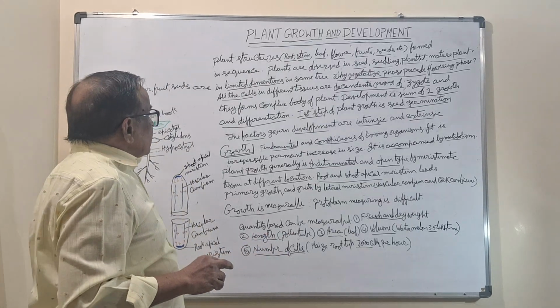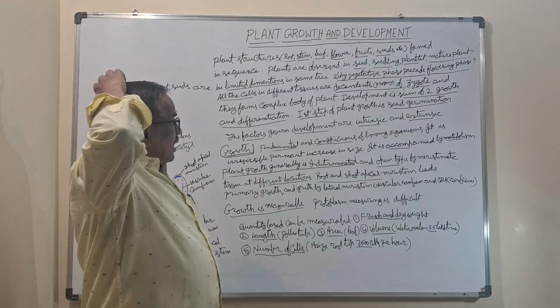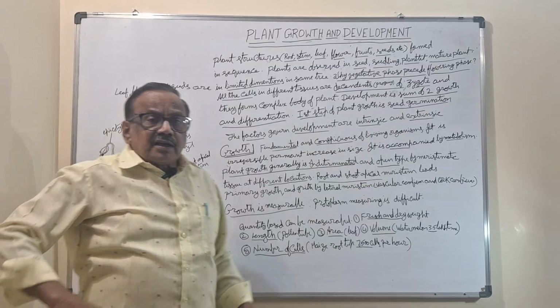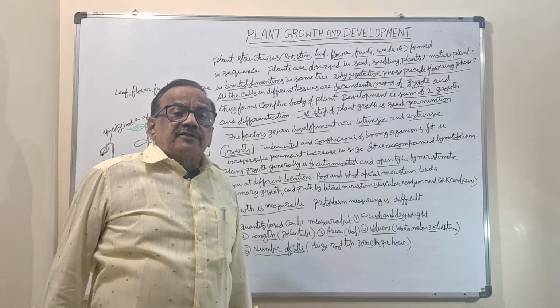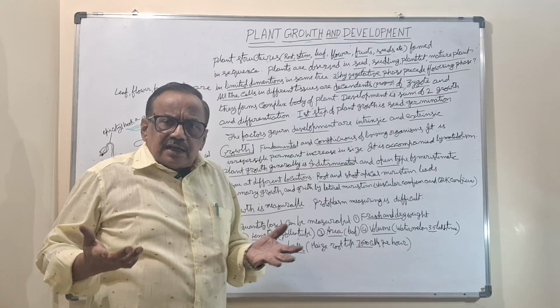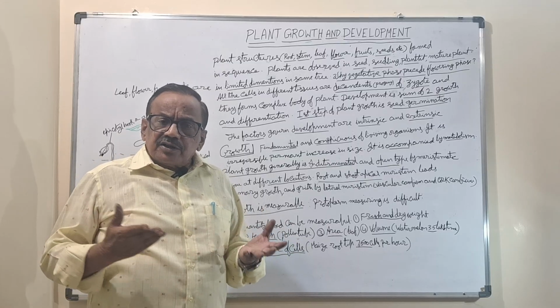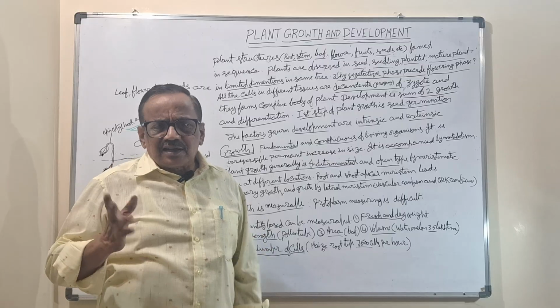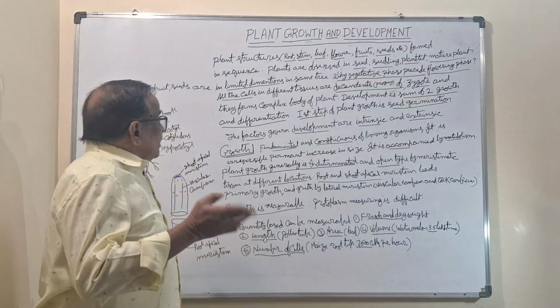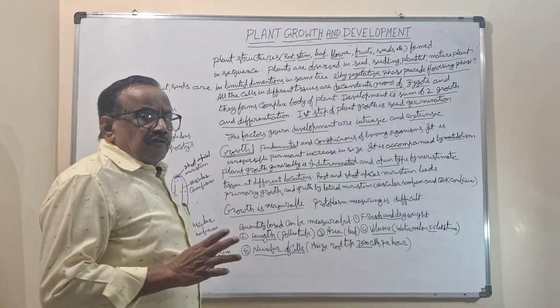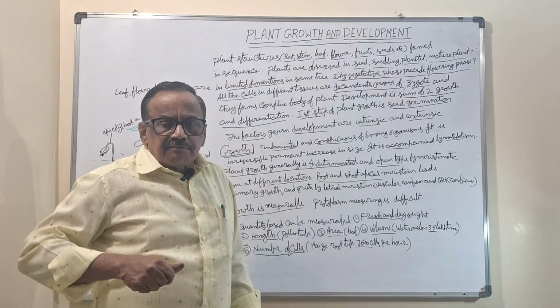the plant contains different types of tissues. You know the anatomy, we studied epidermis, cortex, stele, and simple tissue and complex tissue. So many types are there. So all these tissues, where are they arising from?